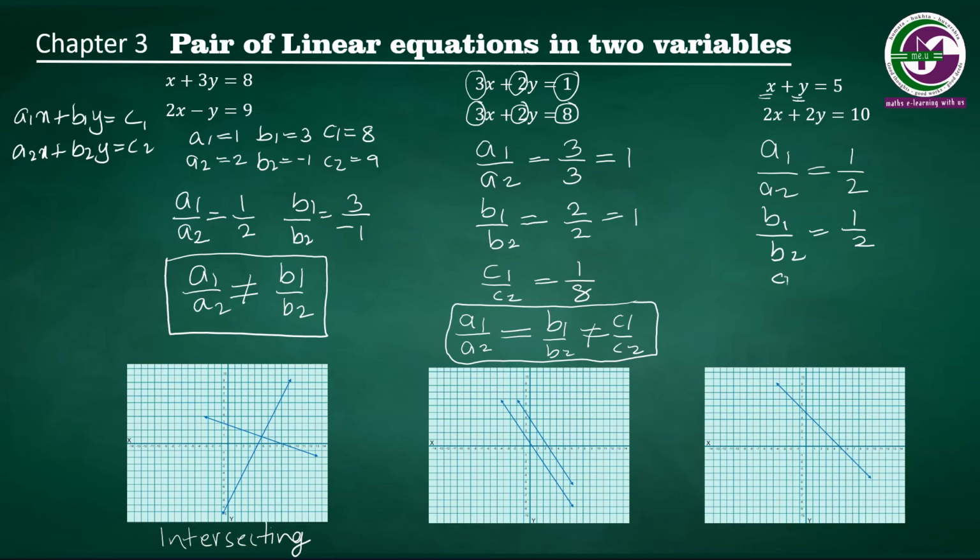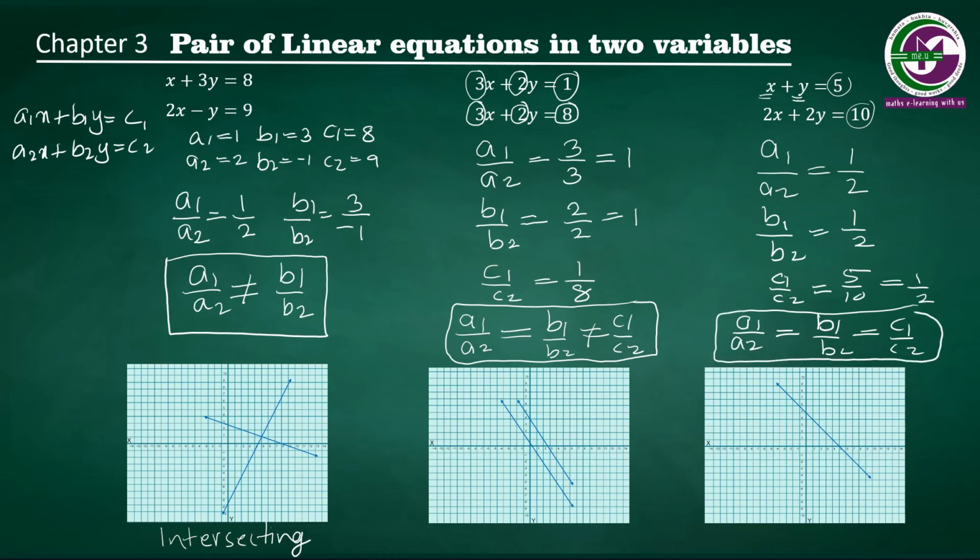Now c1 divided by c2, these are the constants, so 5 divided by 10. You can divide both the numerator and denominator by 5, so you'll get 1 divided by 2. That means a1 by a2 is equal to b1 by b2 is equal to c1 by c2.